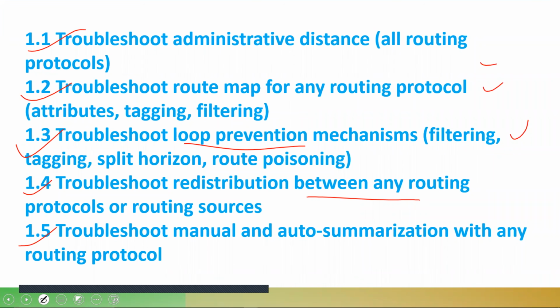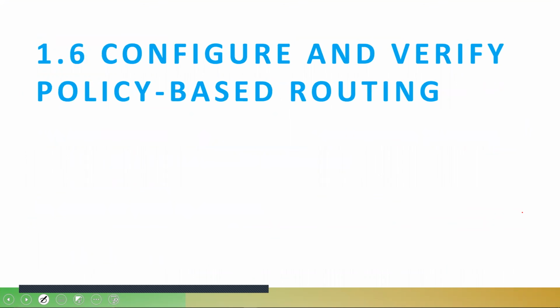I'm going to put a small lab related to 1.5 inside the EIGRP section. And in the EIGRP troubleshooting section, again, we will check more on the troubleshooting related to manual and auto summarization. So 1.5 you will get later on in the specific protocol section.